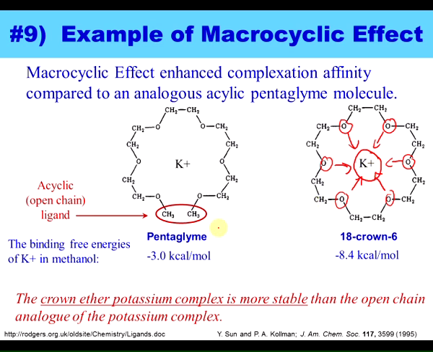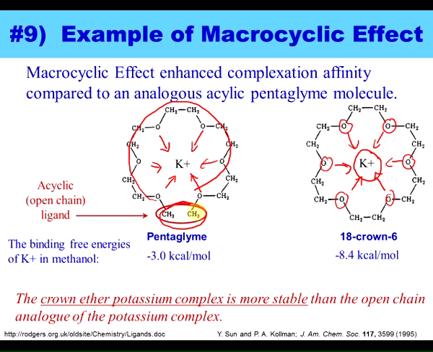Now with pentaglyme, notice you've got the same oxygen donors to bind to the metals, so we're going to have a very similar type of complex. But this is an open chain, so it's not connected. So for this to bind to the potassium, one end has to bind, and the other side has to wrap around to engulf the potassium.